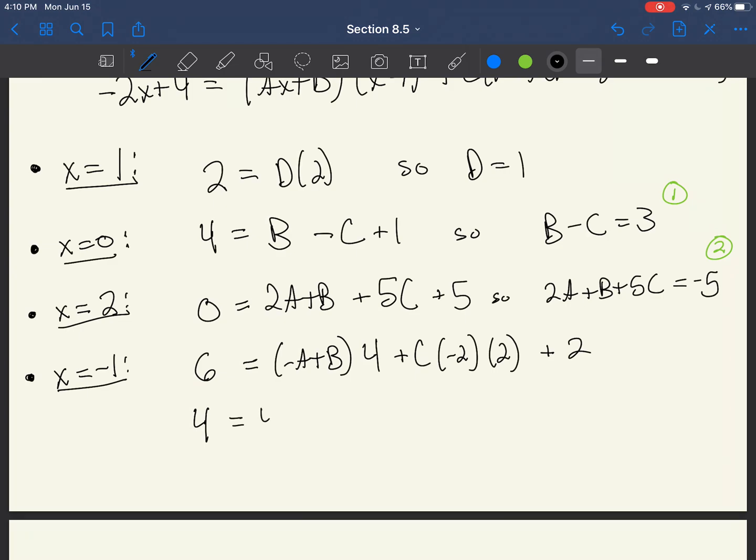Well, swing the 2 over to the other side, and you get 4 equals, it looks like 4B - 4A, and then also -4C. Divide everything by 4, and you get 1 equals B - A - C, which we will call 3.